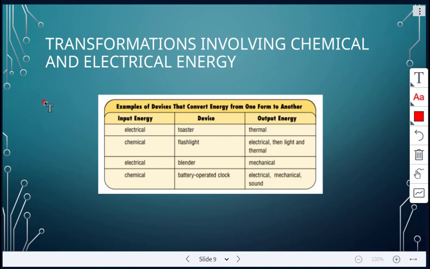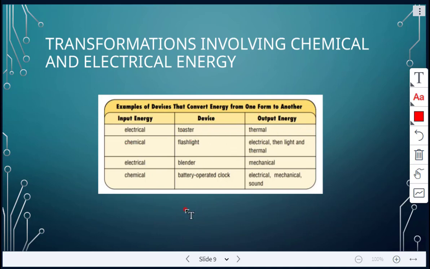Okay, transformations involving chemical and electrical energy. So these are some devices that convert energy from one form to another. So for example, a toaster converts electrical energy to thermal energy. So the input is electrical, the output is thermal.